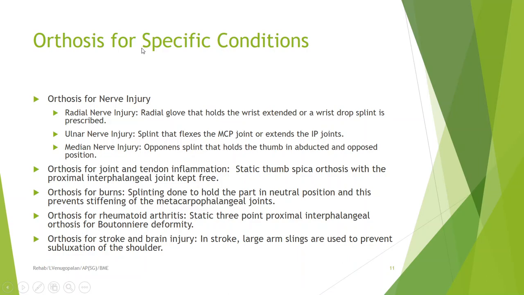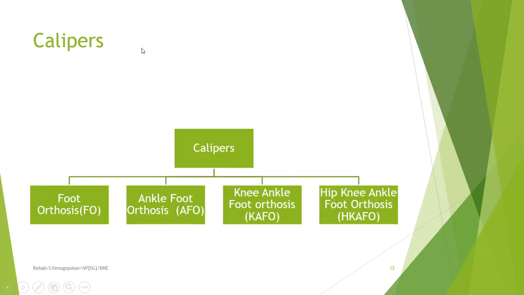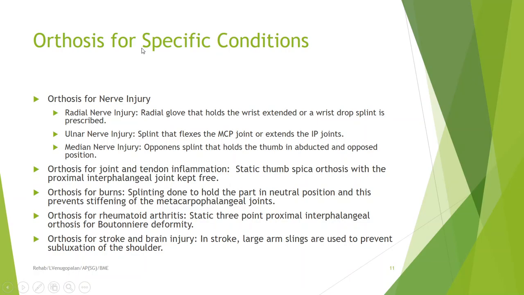Interphalangeal joints are extended, that is your fingers are straight, but your fingers are flexed at MCP. Towards the knuckles the finger is flexed, but the rest of the interphalangeal joints are extended. So that is your ulnar nerve injury. In order to heal an injured ulnar nerve, the hand is held in that position. The splint holds the hand in that position. And then you have the median nerve injury.